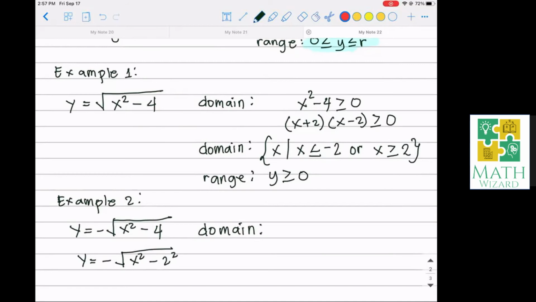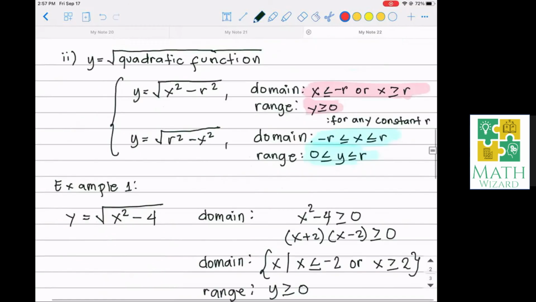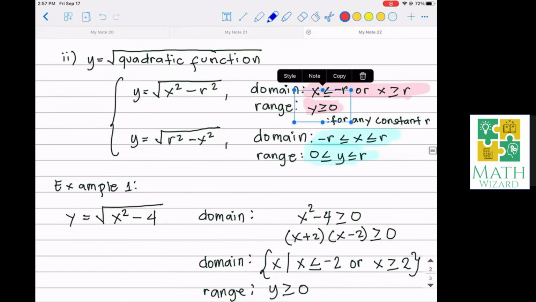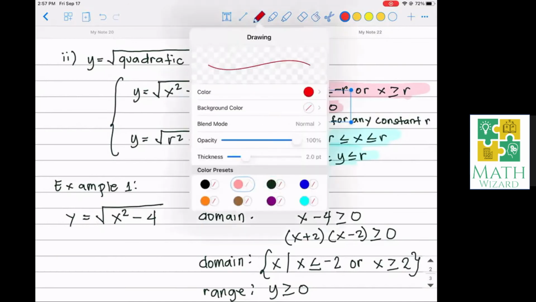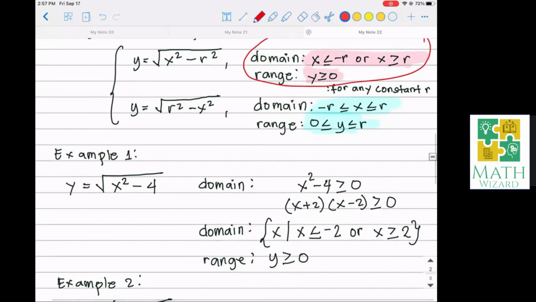So therefore, for the domain, just follow the formula. This one. That would be x is less than or equal to negative r, or x greater than or equal to r.